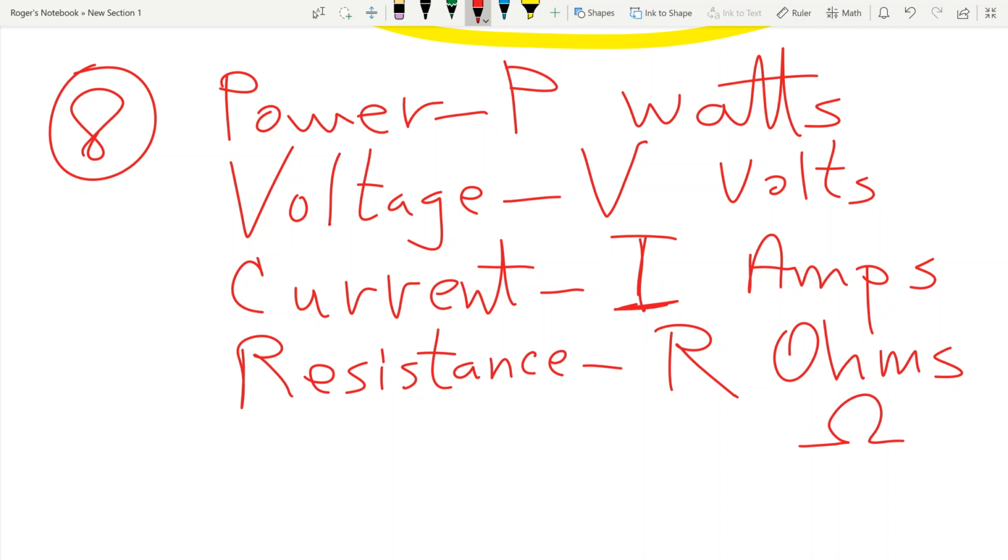Okay, so here we have power, voltage, current, resistance. Now there are 2 little equations that we will use to come up with our formula that we need. Now you may be wondering, wait a minute, this isn't physics class. No, it's not physics class, but remember, short, repetitive exposures. So I'm going to show you this problem.